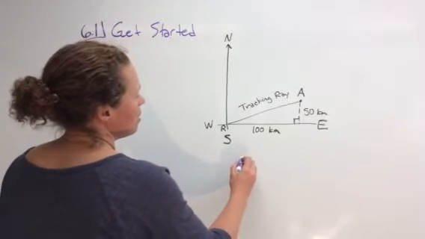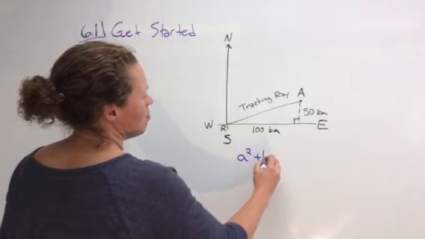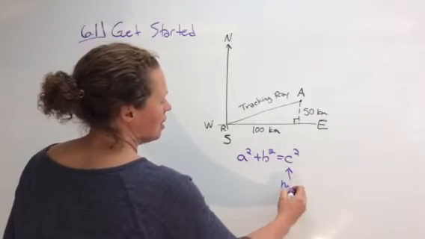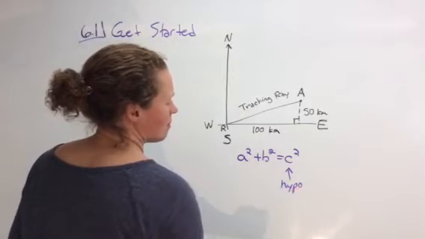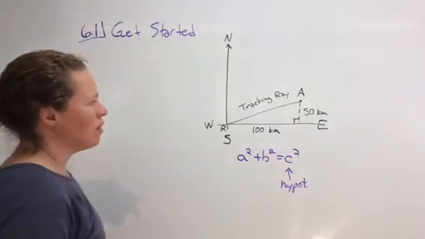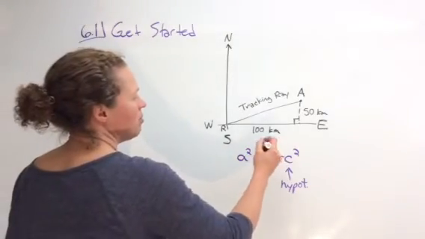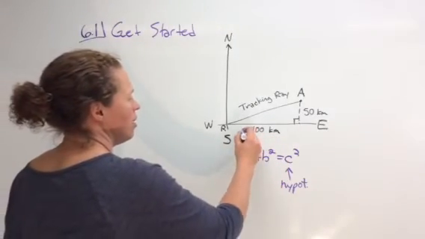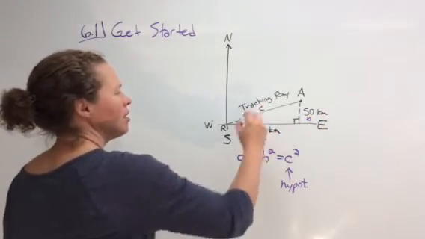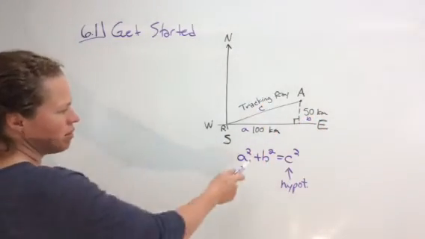The Pythagorean theorem is that a squared plus b squared equals c squared, where c is the hypotenuse. It doesn't really matter which one I assign to A or B because they're just the legs, so those ones are A and B, and they're going to make C when I run them through this formula.